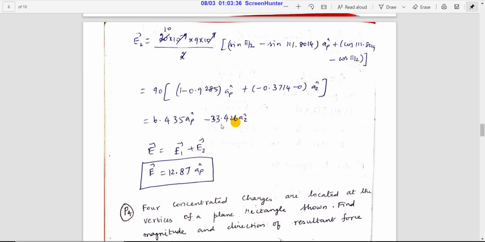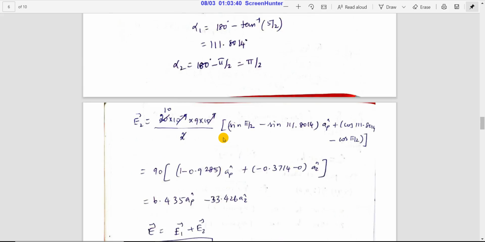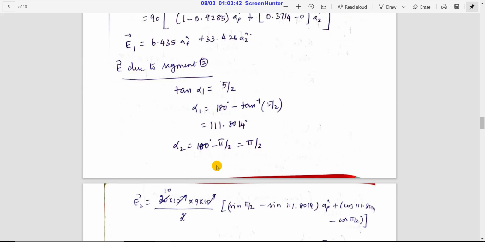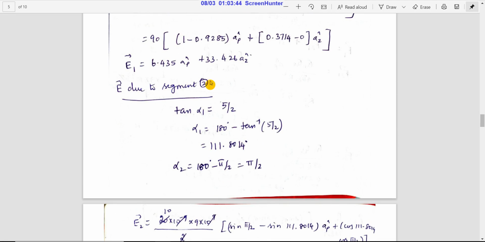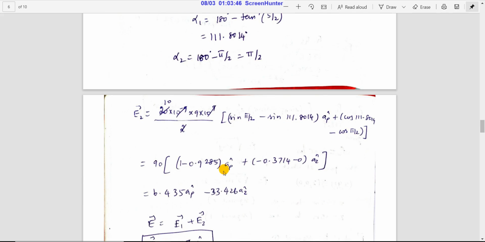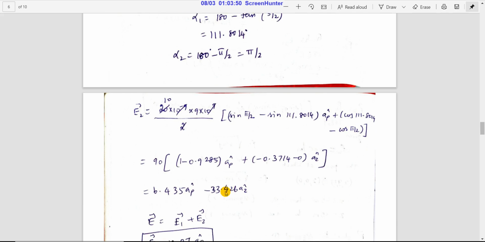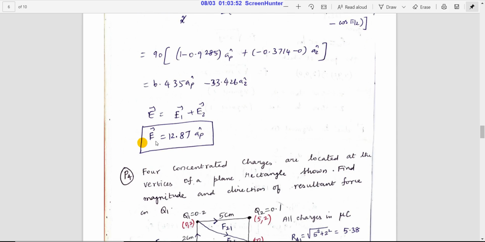If you put the values, then you will be getting this answer. You are going to add these two values, then the z vector is going to be cancelled out. So you will be having only the rho vector, which is equal to 12.87 a rho cap. Thank you.